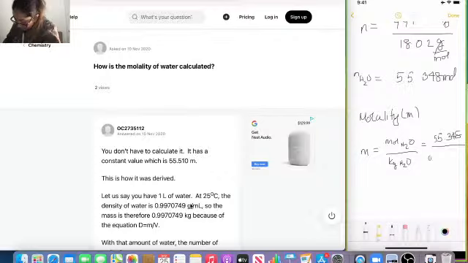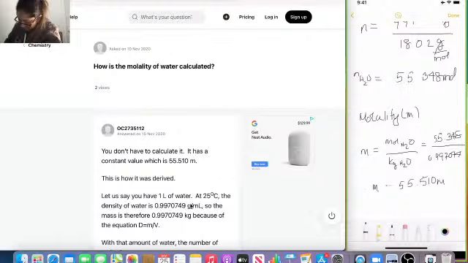Our mass was 0.9970749, right? And so basically the molality of water is approximately 55.510 molality.